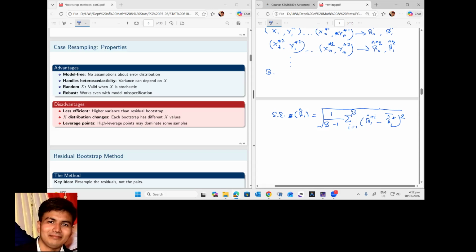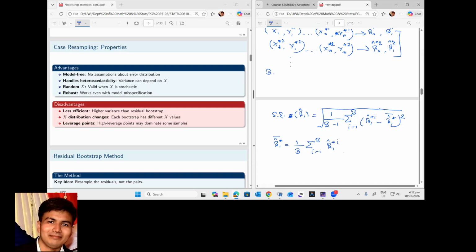Here beta 1 cap star bar is the mean of those estimated values that we got, that is 1 upon B summation over i goes from 1 to capital B of beta 1 cap star i.